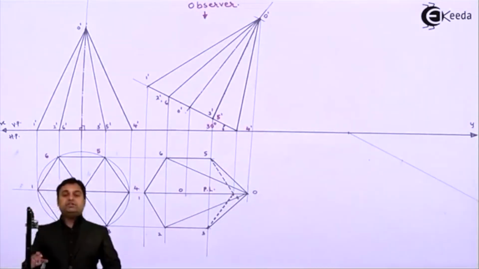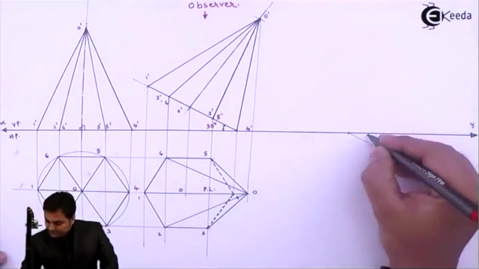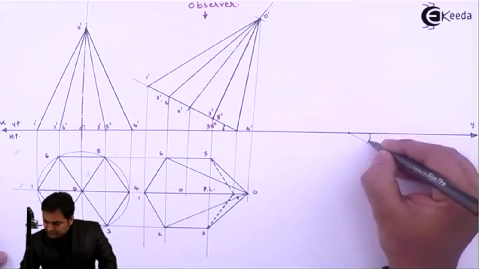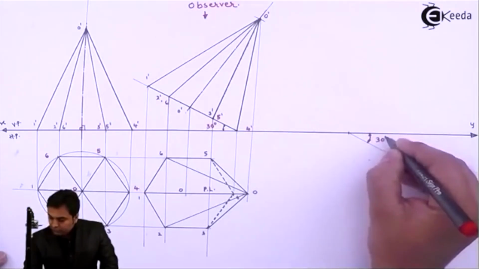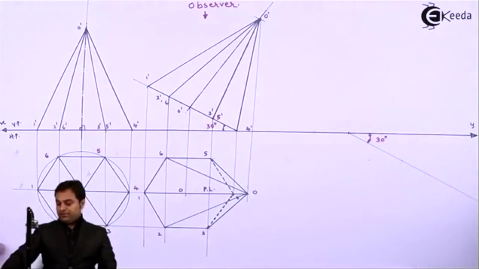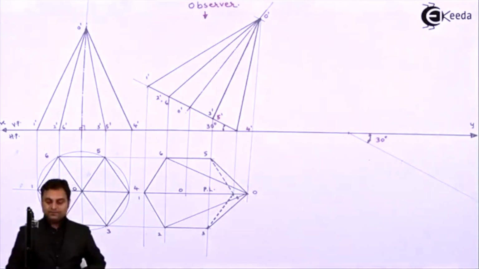Now in the question it is mentioned that this axis is inclined at an angle of 30 degree to VP seen in HP. This will be the true inclination of the original length of the axis.